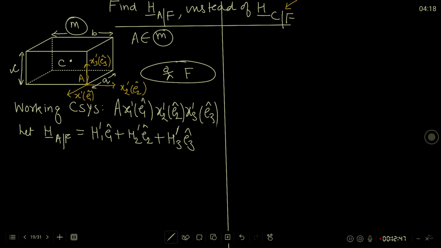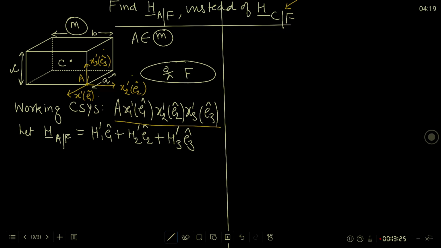Also, I am choosing my working coordinate system as what I have written here. So the origin of this working coordinate system is A itself, and the axes are x1 prime e1 hat, x2 prime e2 hat, and x3 prime e3 hat, as shown on the figure.